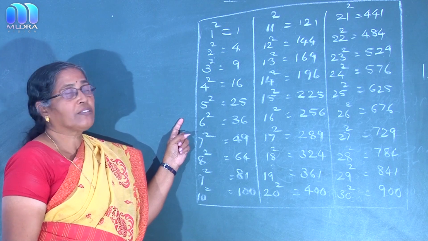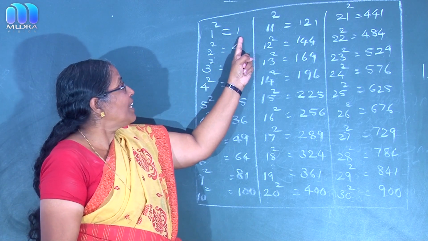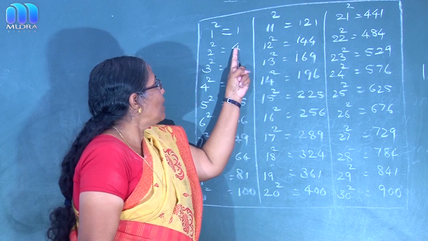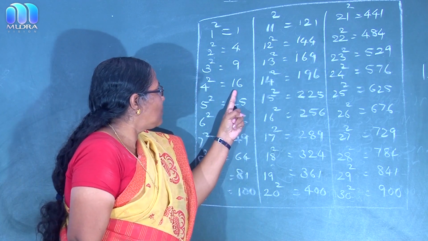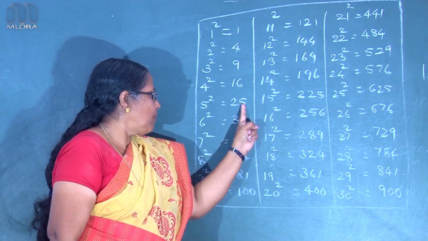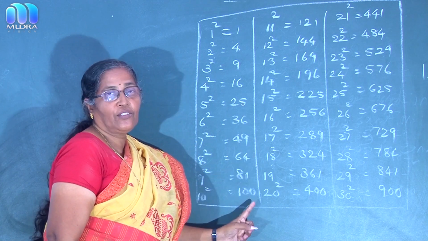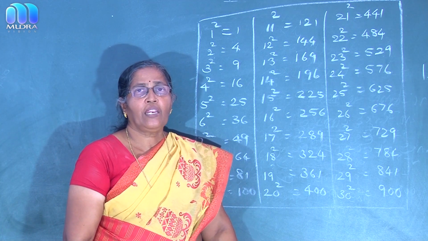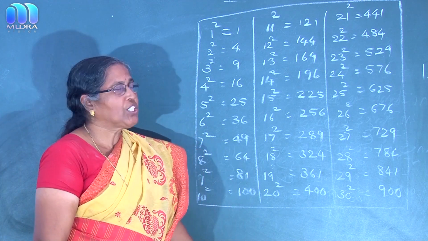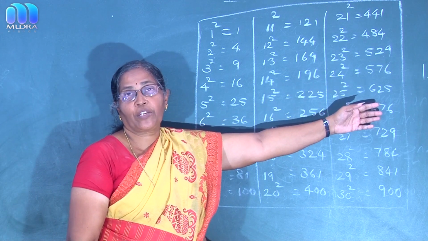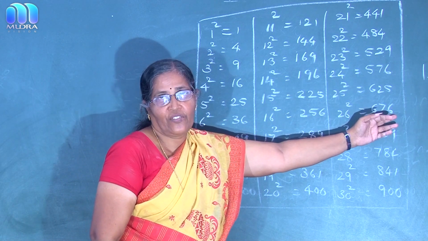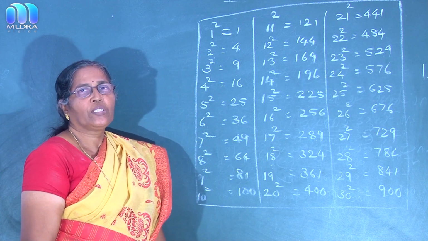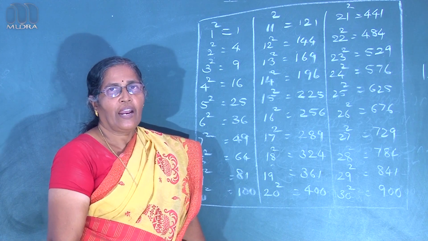Then the second one is that square numbers end with 1, 4, 6, 5, 9 and 0 only. There is no 2, 3, 7 and 8 at the end of any square number. The square numbers do not end with 2, 3, 7 and 8.